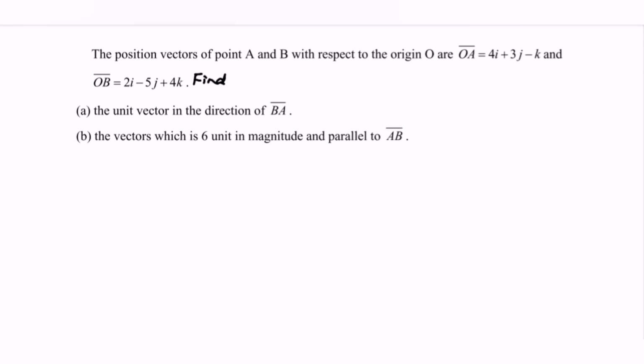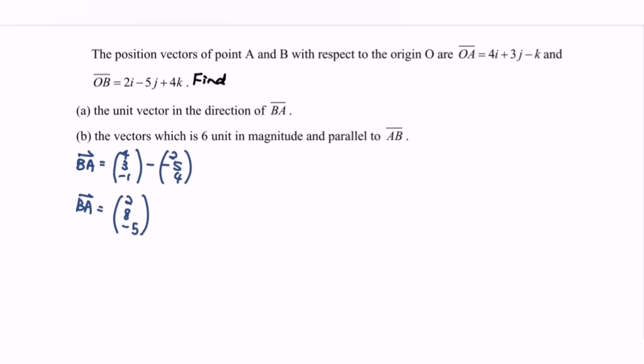So my suggestion is to find the vector BA, where we have OA minus OB. So OA will be 4, 3 and negative 1, minus OB, 2, negative 5 and 4. So the vector BA is equal to 2, 8 and negative 5, where we have the direction.